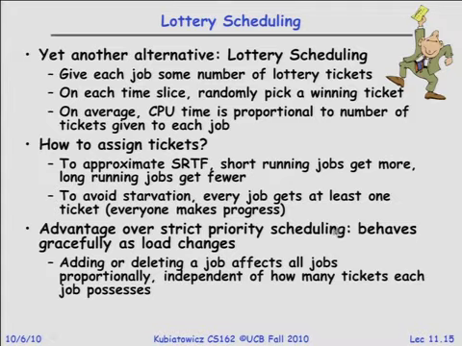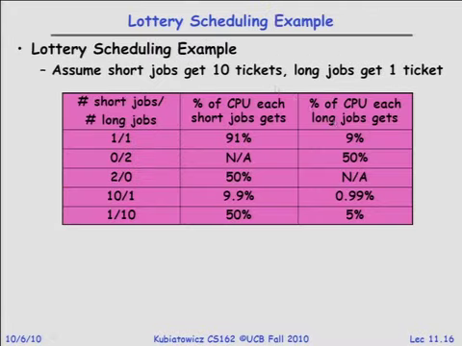I can give you some very specific examples here. Suppose we give short jobs 10 tickets and long jobs 1 ticket. If we have one short job and one long job, then the short job gets 91% of the CPU and the long job gets 9%. You can figure that out: 1 over 11, 10 over 11. If we have 2 long jobs, they each get 50% of the CPU. If we have 2 short jobs, they each get 50%.